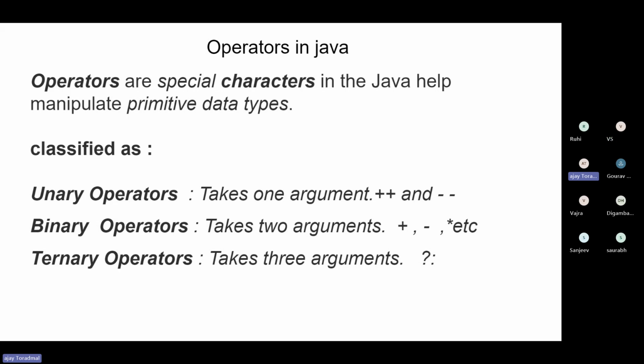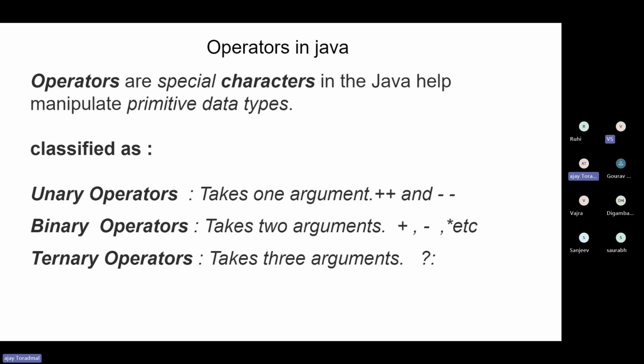What are the primitive data types available? Byte, short, int, long, float, double, char, and boolean. These are the 8 primitive data types. In primitive data types, we store, for example, an integer number or a float number.